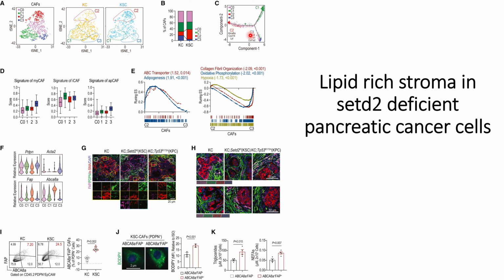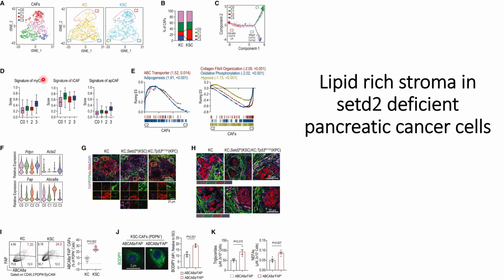Some of the markers overexpressed in C2 are ABCA8A, CXCL14 and LPL, whereas some of the markers overexpressed in C3 are MFAP4, COL1A1 and COL1A2. After that they checked whether these clusters have a MyCAF signature, iCAF signature, or apCAF signature.